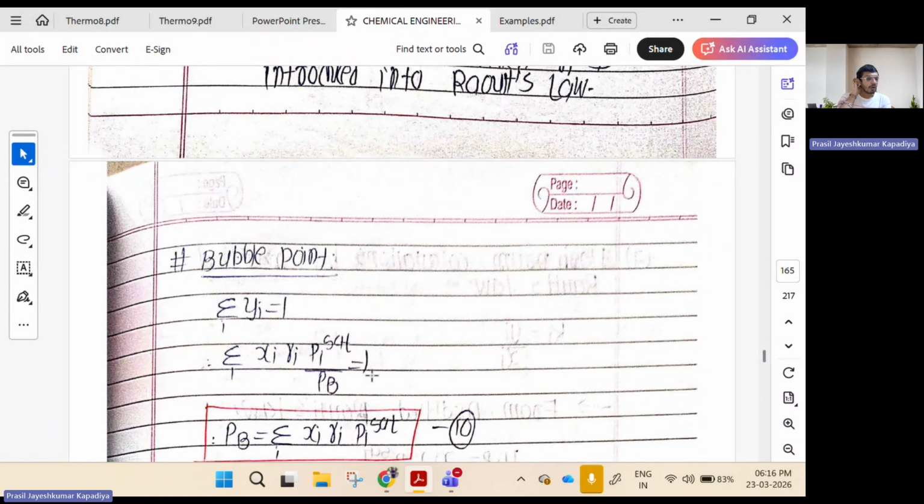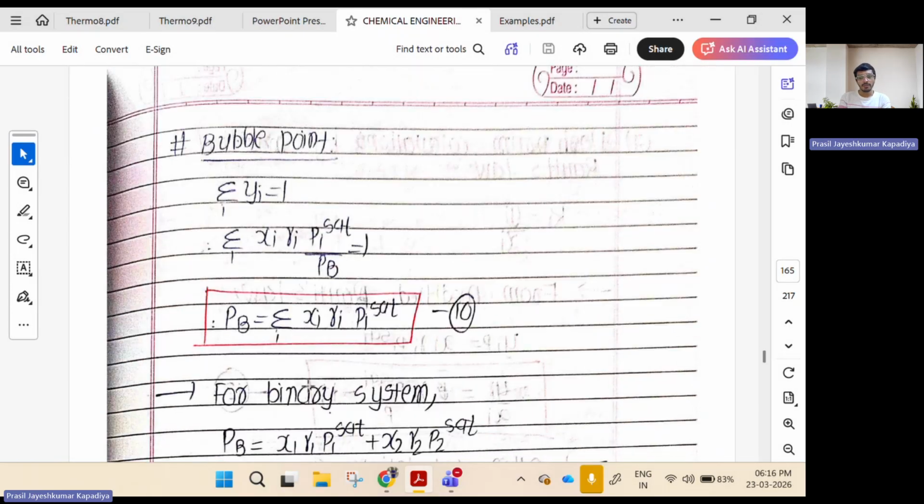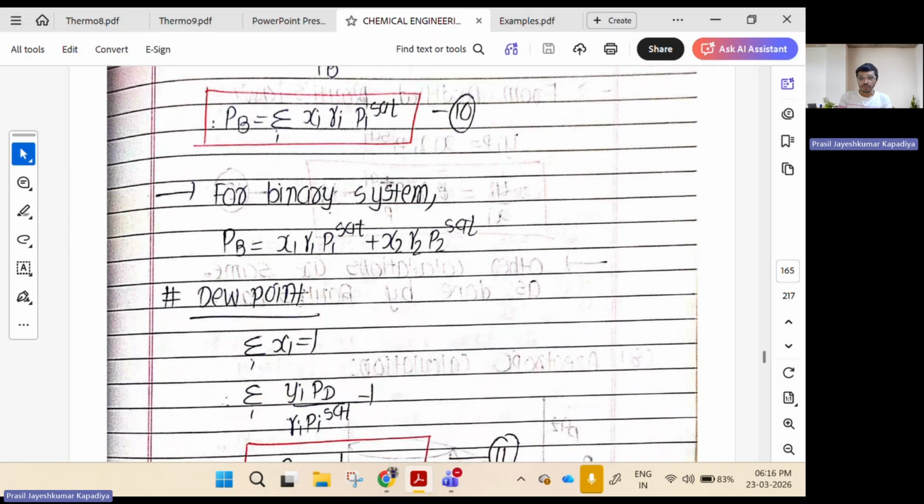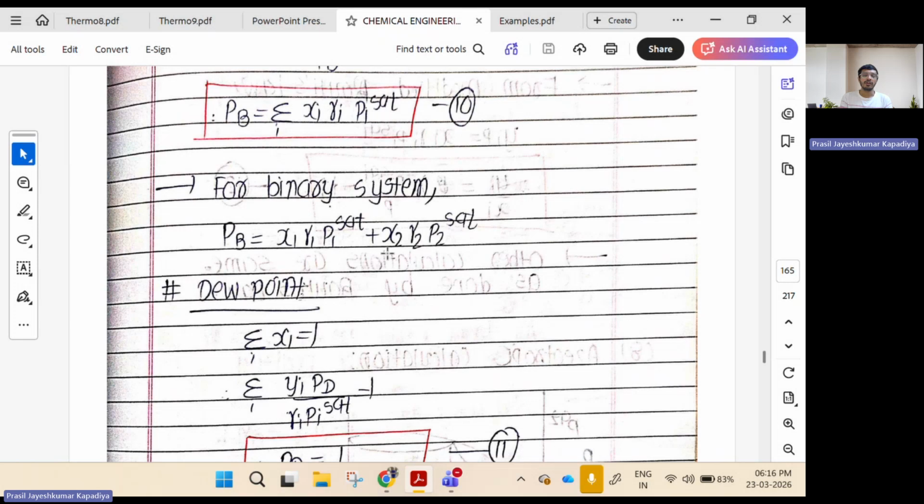But when dealing with non-ideality, I have one more additional term, gamma I, so I need to incorporate that from modified Raoult's law. So the bubble point pressure PB is equal to summation of xi into gamma I into pi set. Now in each calculation, I additionally need to find the value of the activity coefficient at each temperature. Similarly, for a binary system, I can write that PB is equal to x1 gamma 1 P1 set plus x2 into gamma 2 into P2 set.